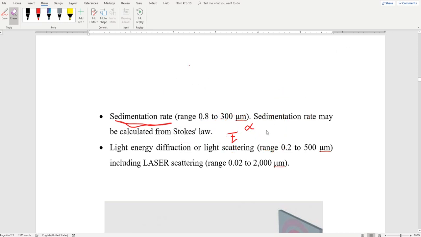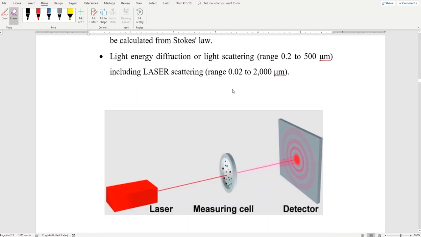Now we will talk about light scattering or laser diffraction. Light scattering, or laser diffraction, is a modern technique that allows you to measure particle size in the range, if it is light scattering, between 0.2 to 500 micrometer, and if it is laser, then it allows you to measure size from 0.02 to 2000 micrometer, or even a little more.